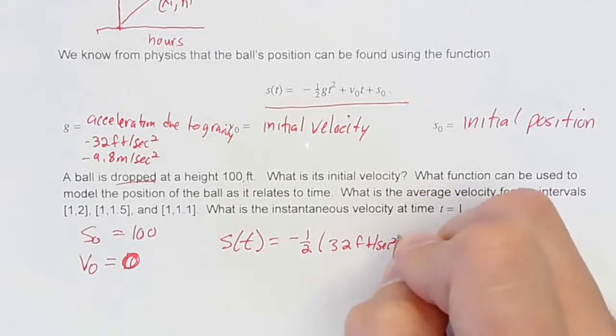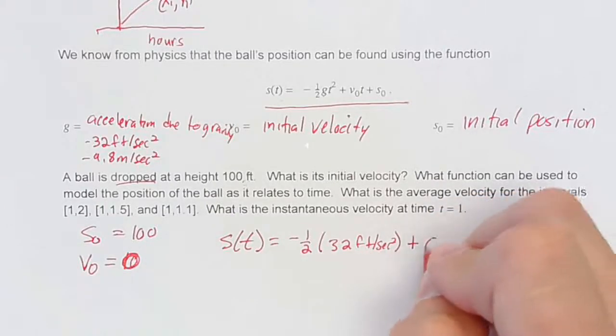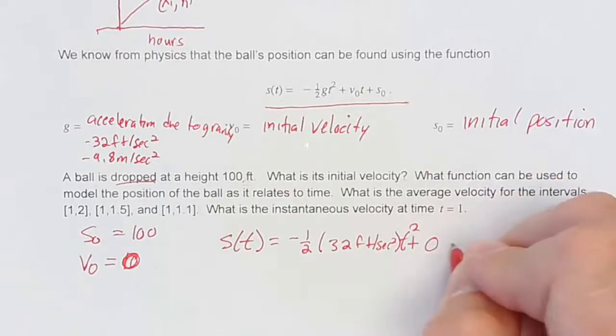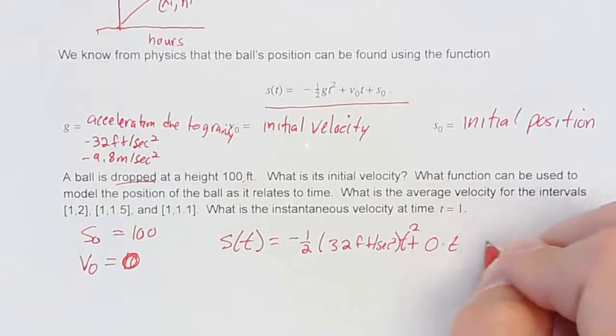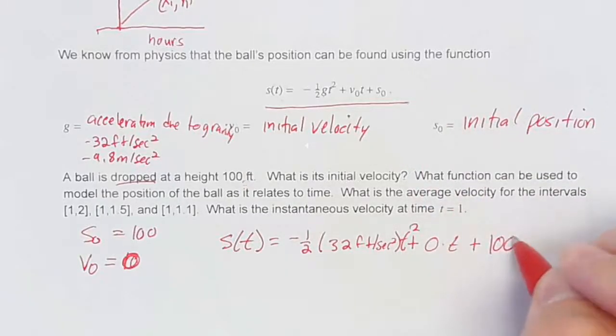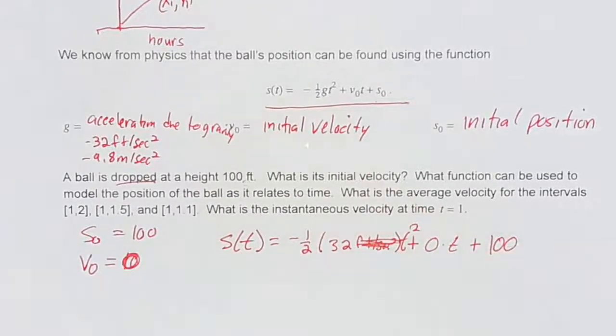We don't usually put the units in here. Plus 0, oops, I missed my t squared here, plus 0 times t plus 100, my s of 0. I don't usually put my units, so I'll scribble them off.